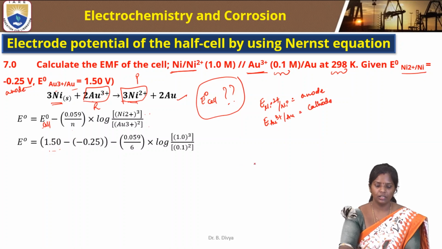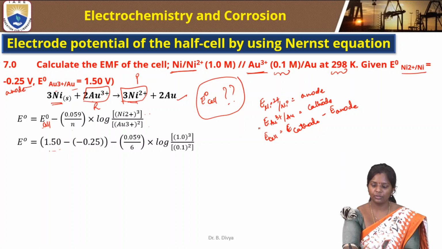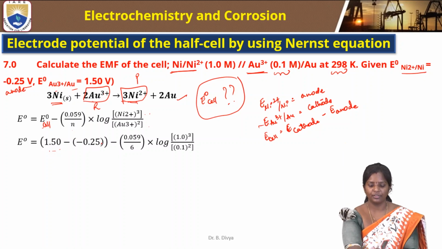So we know E cell is equal to E cathode minus E anode. So we substitute those. What is the E cathode here? Cathode is gold, so 1.50 minus (minus 0.25) volt.